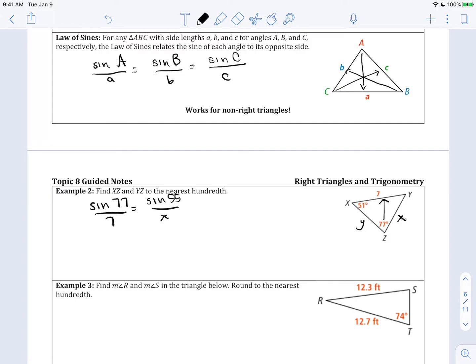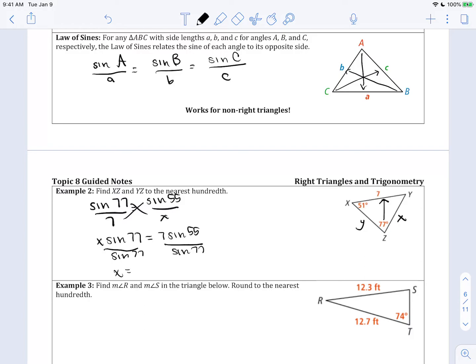Okay, so let's solve this. We're going to cross multiply here, and I get x sine 77 equals 7 sine 55. I want x by itself, so I have to divide by sine 77.